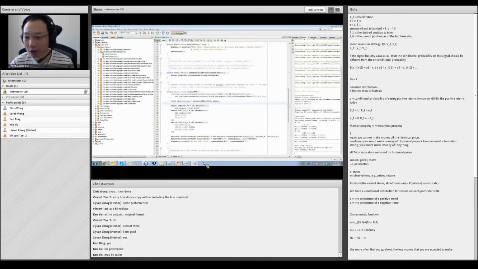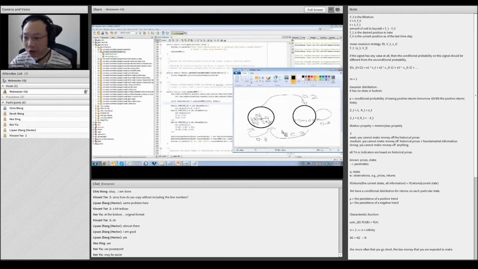Let's say you go to the other state, you have 10% probability of picking omega 1. So it will generate observations like omega 1, omega 1, omega 1, omega 2, omega 2, omega 3, omega 1, omega 1, and then going back here, omega 2, omega 2, omega 3. So you see that a Markov chain is just a random number generator. Okay, so in this case, we generate 10,000 observations of this simple two-state Markov model.